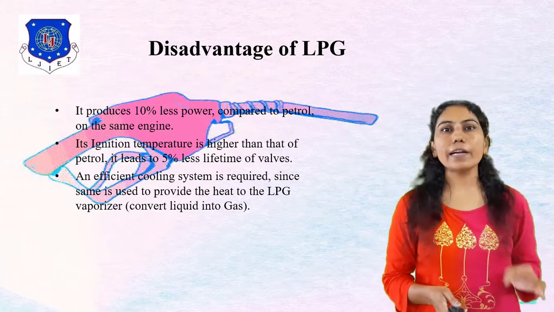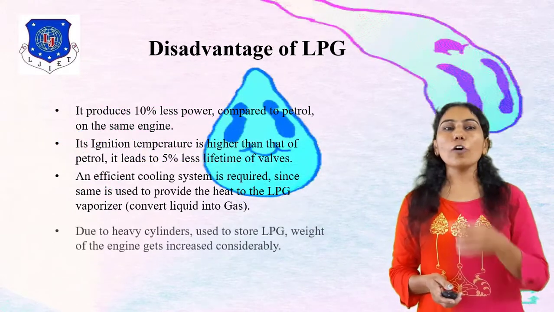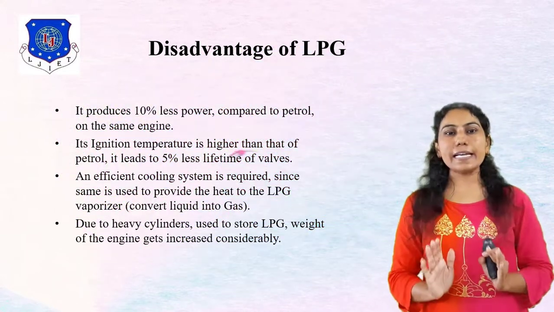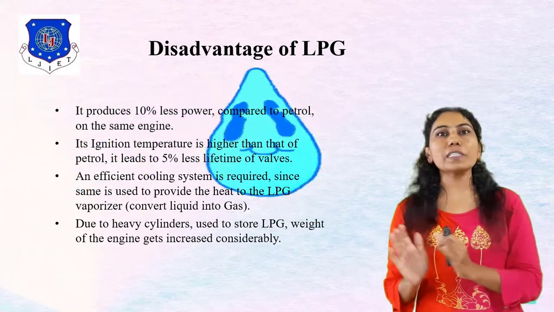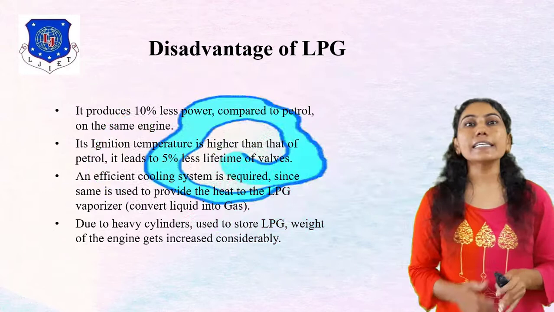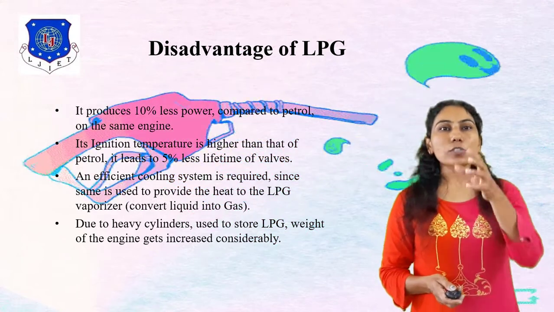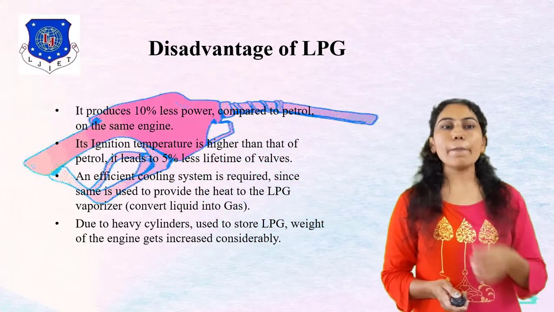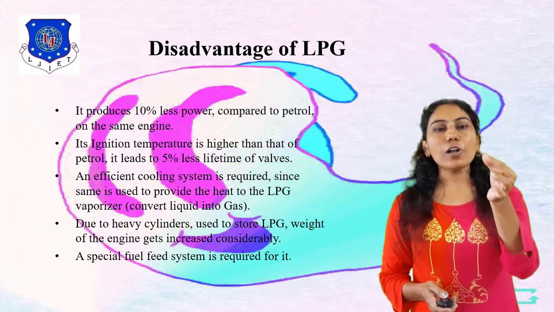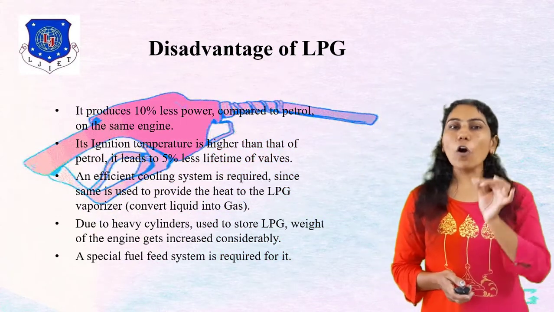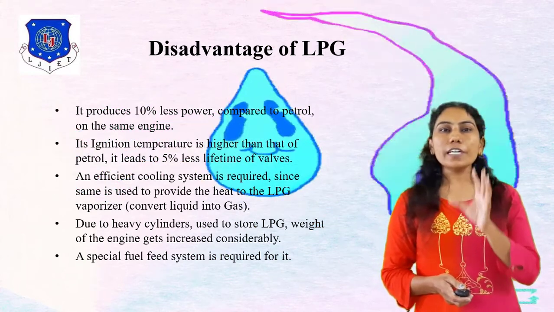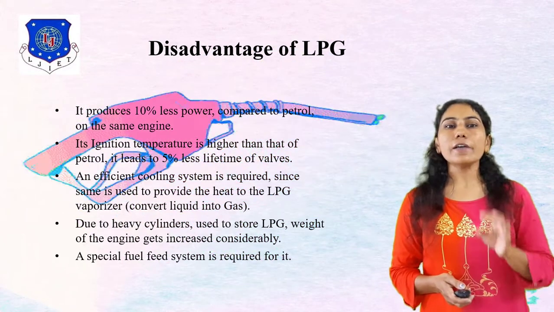Fourth, due to the heavy cylinder used to store LPG, the weight of the vehicle increases considerably. Also, a special fuel feed system is required for it. These are the disadvantages of LPG.